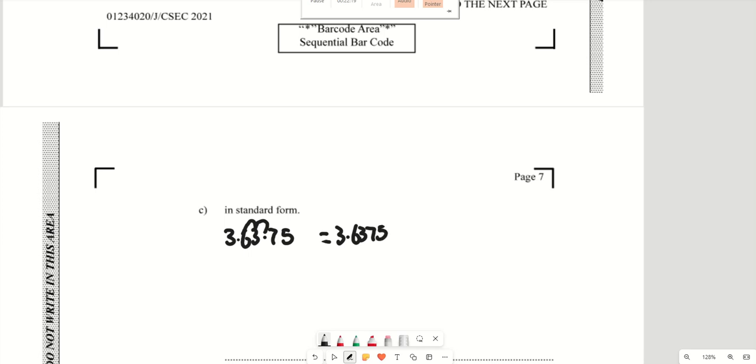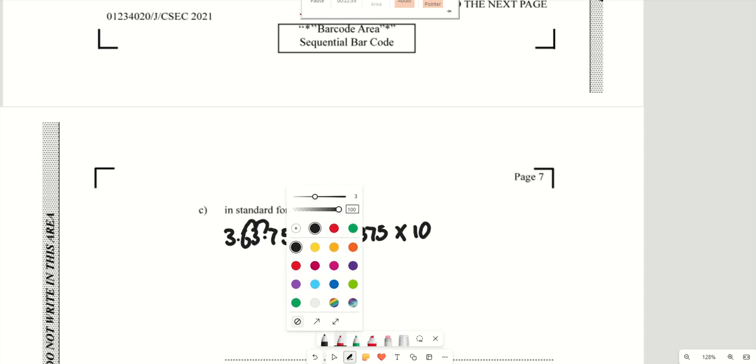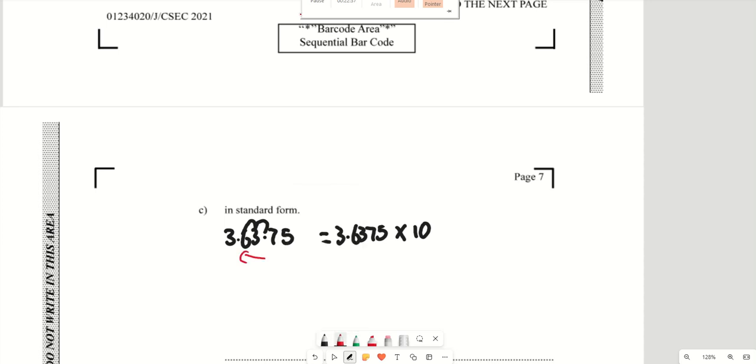Now another word for standard form is scientific notation, right? It is always multiplied by 10. And the only thing that you need to remember in standard form is if you shift your point to the left hand side, your power is positive.